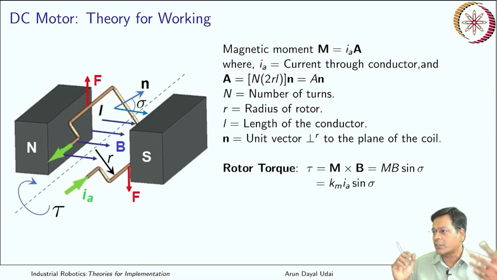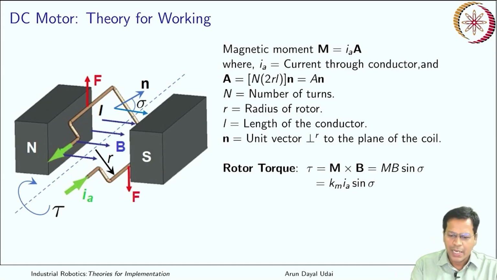The rotor torque is given by the magnetic moment cross product with the field B. So effectively you will see M into B sine sigma. What is sigma here? Sigma is the angle between M and B because it is a cross product. So effectively you will get Km Ia sine sigma. What is Km?